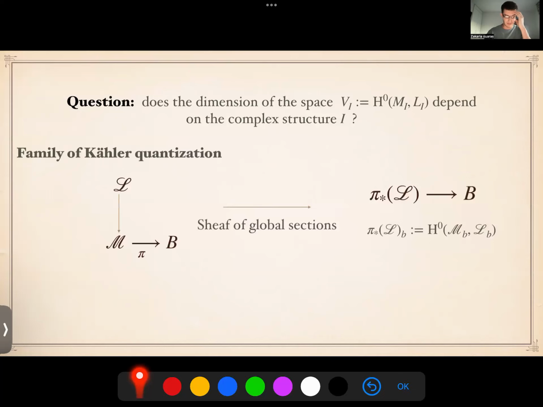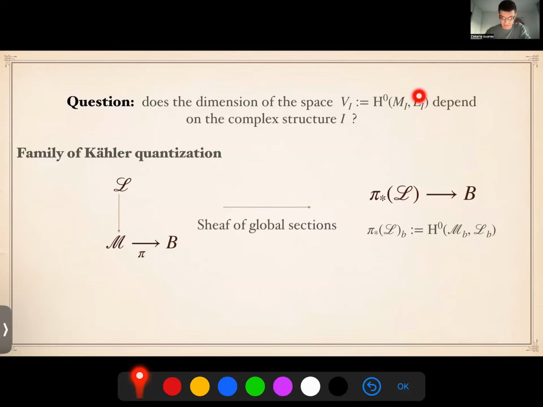So you take B to be a parameter space and pi a holomorphic map. And M is also a complex variety where the map is submersive, and by Ehresmann we know that it's locally trivial. So you ask that the fibers are diffeomorphic to the symplectic manifold. And this line bundle is a family of holomorphic line bundles, as given before.